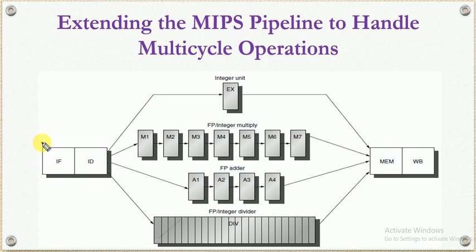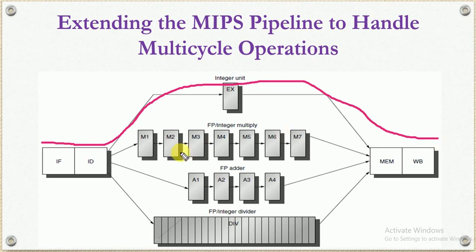Normally this is the path followed for the integer operation: first cycle, second cycle, third cycle, then fourth cycle, then fifth cycle. This is the normal flow for the integer ALU. Now the second instruction will normally start from the second cycle, after one cycle of delay. That is why the initiation interval is 1.